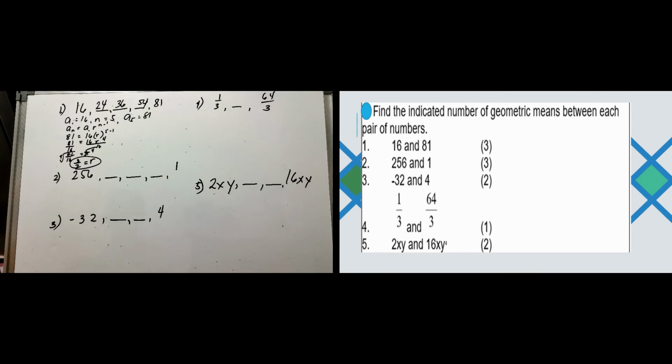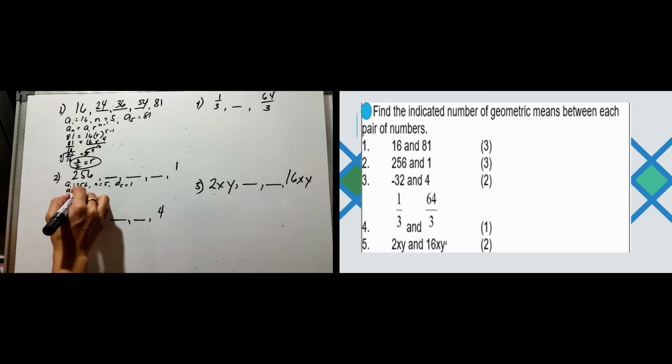For number 2, we need to insert 3 geometric means between 256 and 1. So your first term is 256, the number of terms is 5, and your last term is 1.